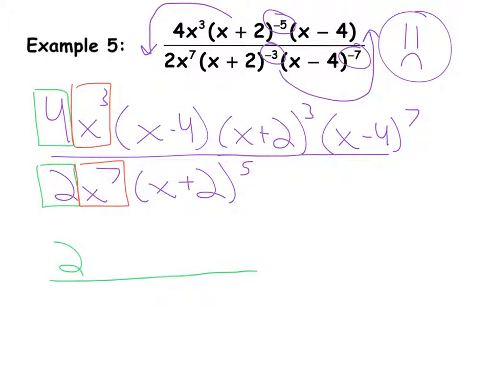Okay, so as always, when we are dividing, we are going to subtract the exponents. 7 minus 3. Now take note, this is the first time we've seen this today, right? We have more x's in the denominator, which means I should write x to the 4th in the denominator, not in the numerator. Okay, very common, very easy mistake that people make.